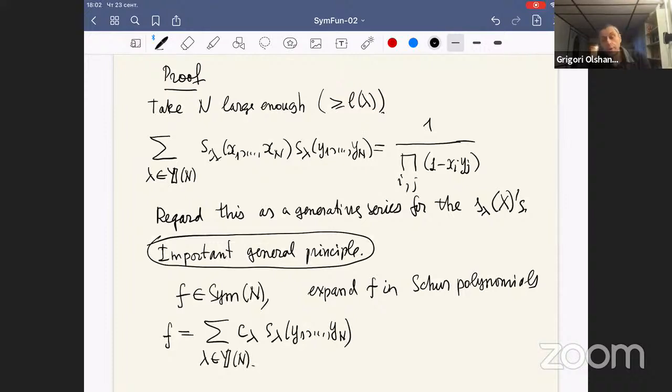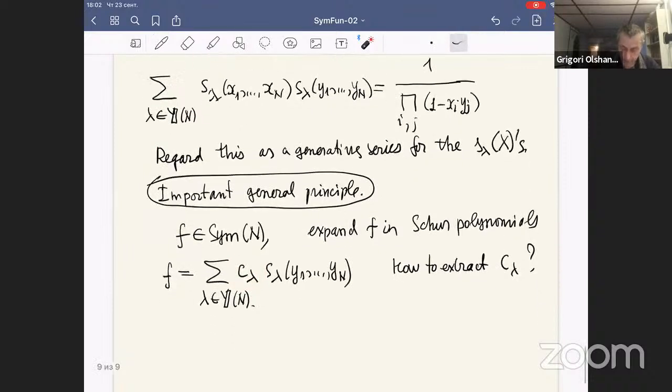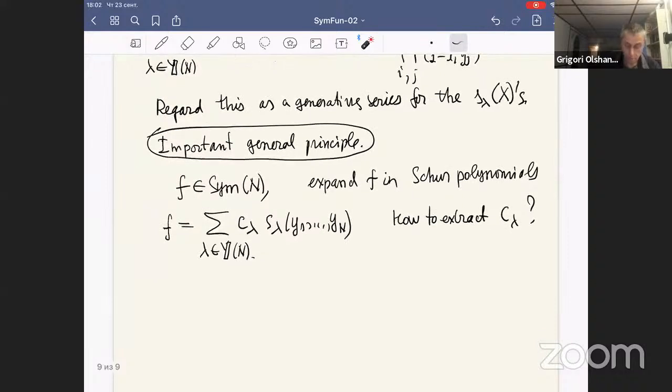And we want to extract some coefficient. How to extract it? The recipe is as follows. I will write it first and next I will explain.